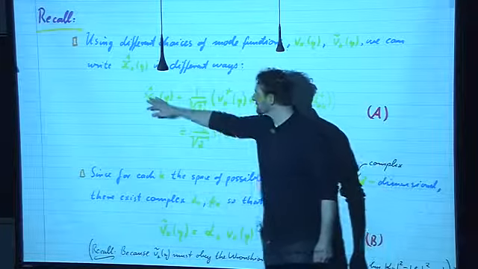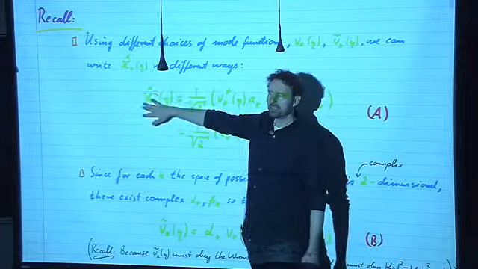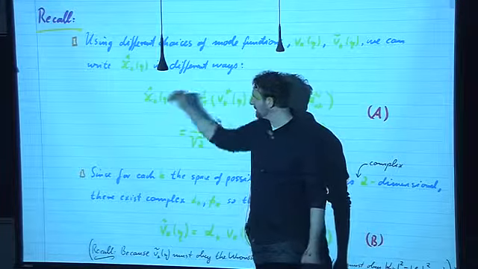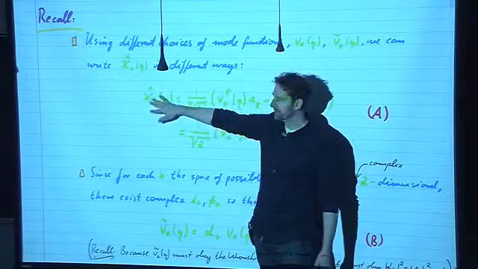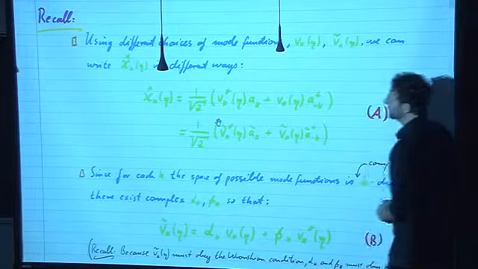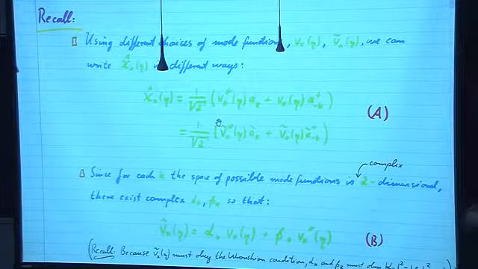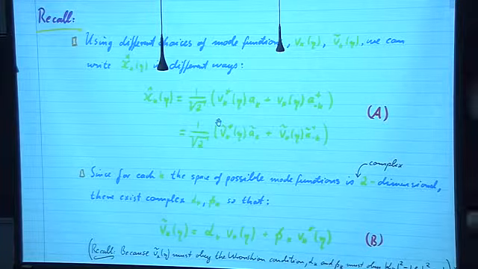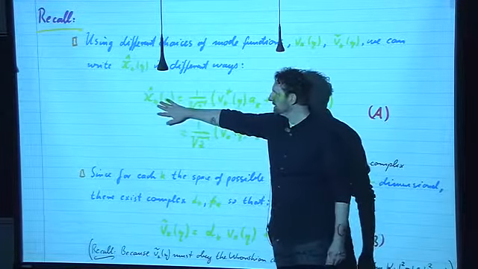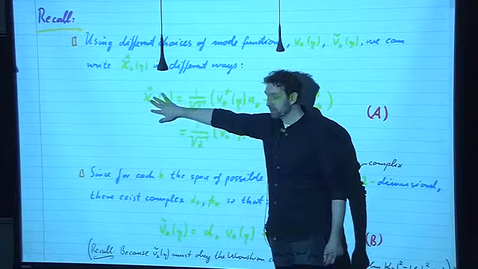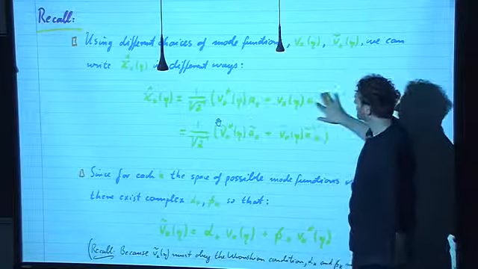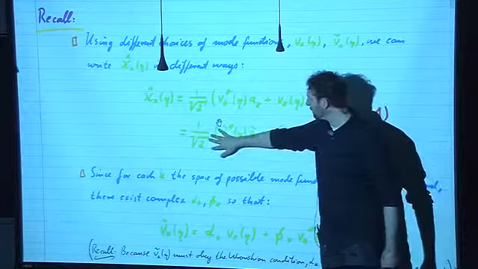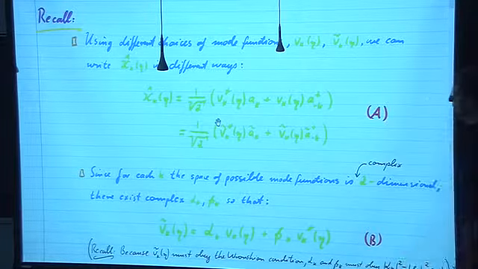So our quantum field is the chi, which you remember is a rescaled version of the phi, as we're really interested in, but the chi is nice because it doesn't have a friction term in its Hamiltonian or in its equations of motion. So the quantum field can be expressed either using one set of mode functions, v_k, or another set of mode functions, v tilde_k.